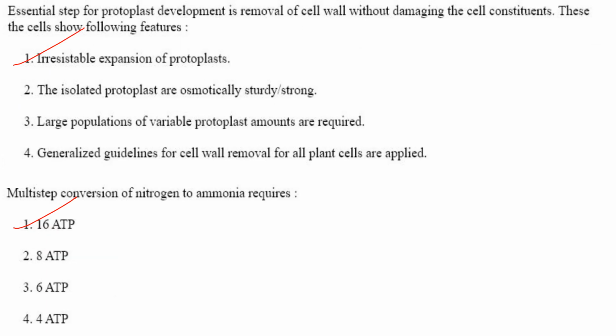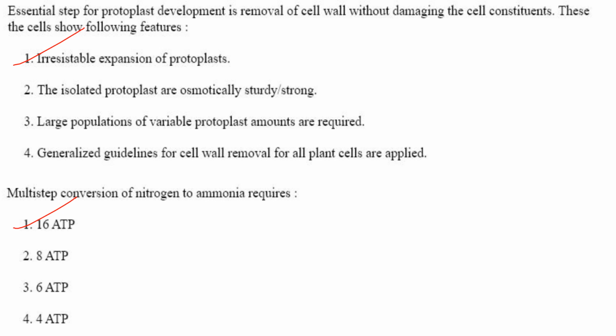Then next one. Essential step for protoplast development is removal of cell wall without damaging the cell constituent. The cell shows the following features. Now the protoplast, the cell wall itself is removed, so it will result in irresistible expansion of protoplast.